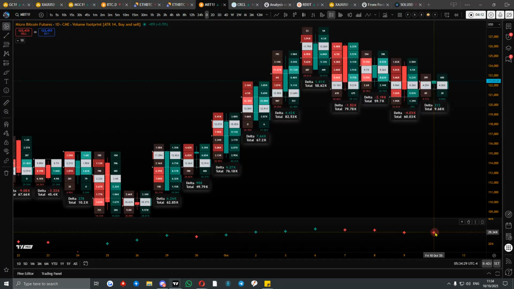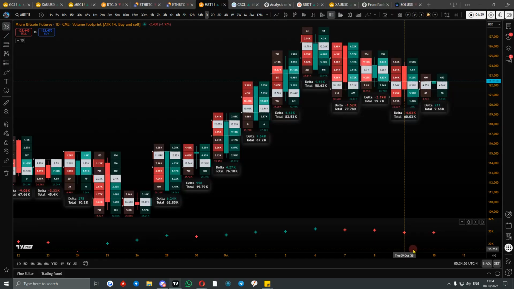So when a new buyer and a new seller enter a trade together, the open interest will go up. When they close positions, it goes down. So while your delta shows us the intensity of the buying and selling, open interest will tell us if it's getting more crowded in the market, or if fewer people are participating in the market.